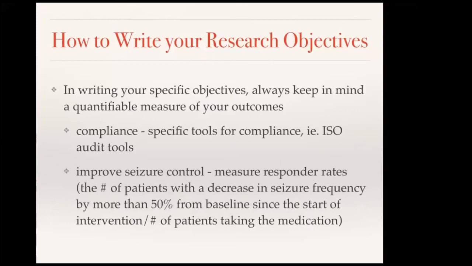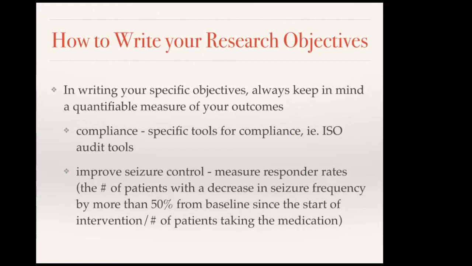Or what if we say we want to see the effect of perampanel on improving seizure control? So what do we actually mean by improving seizure control? How are you going to measure that? For example, you measure it by responder rate. So how many patients who took the medication had a 50% reduction in seizures as compared to those who didn't take the medication?